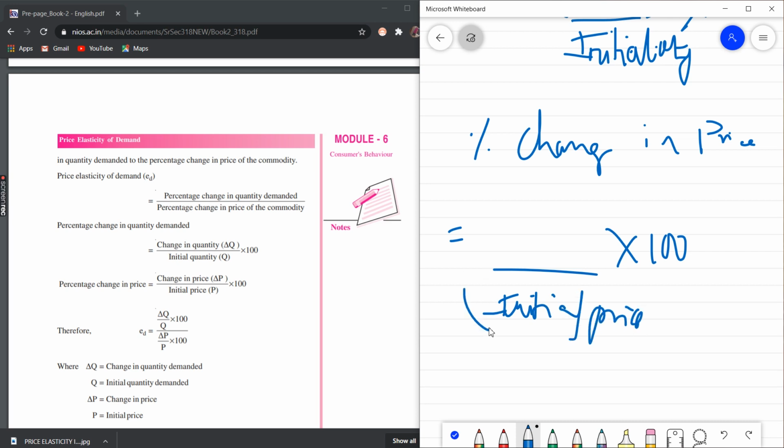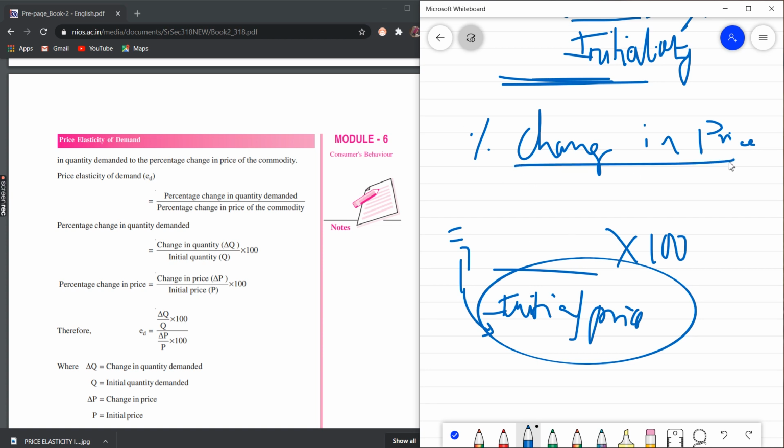To what extent the price has changed, to what extent the quantity has changed, this goes in the denominator, and in the numerator goes the change we are going to find the percentage of.